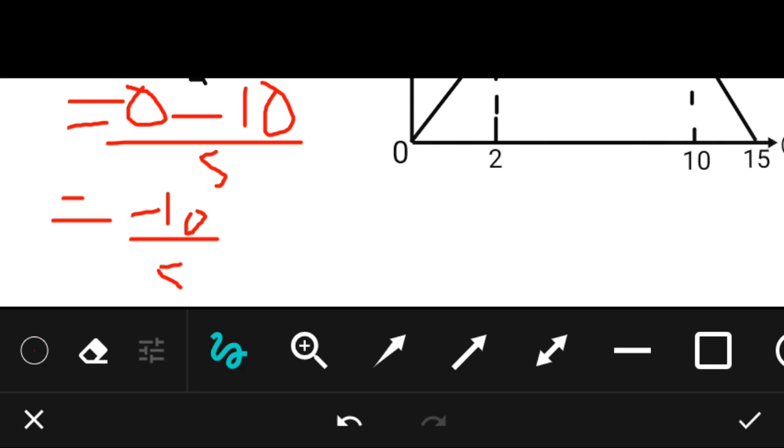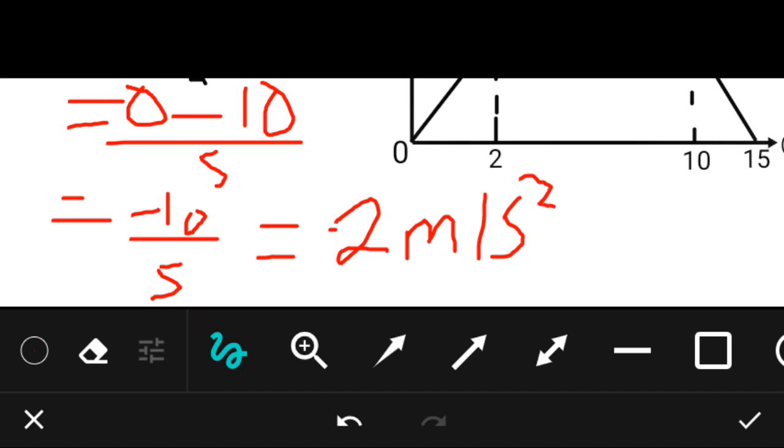So negative 10 over 5 will give us negative 2 meters per second squared. Let me just write that nicely. That was the retardation in the last 5 seconds.